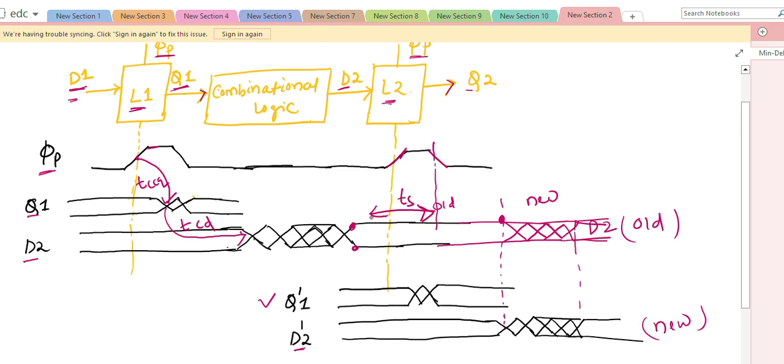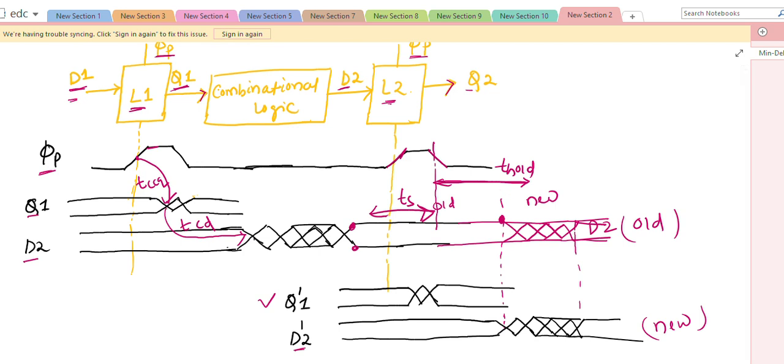Before this, the data D2 is constant, so we don't have any issue. Now, coming to the hold time, if your hold time is this much, then for this much time the data D2 must be constant.